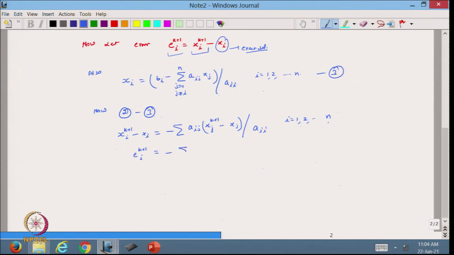So, this will be minus summation a I j, and everything is same, j is moving from 1 to n, and j is not equal to I. Similarly, here j is moving from 1 to n, and j is not equal to I, and this will become e k j, this value, and divided by a I I. So, this is true for all I. So, I got this relation.